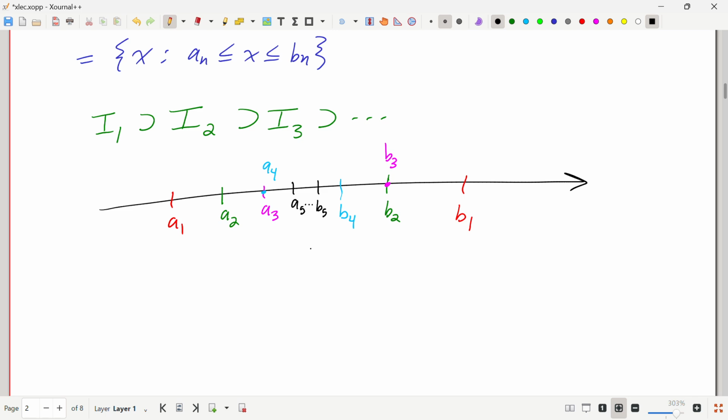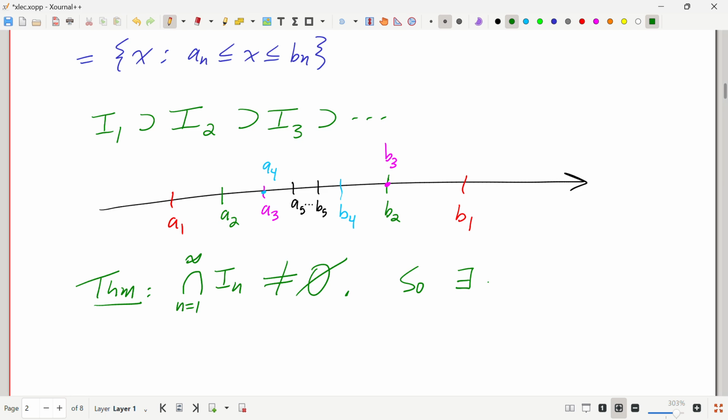The theorem is the intersection is not empty. The intersection of the I_n as n goes from 1 to infinity is not the empty set. So there exists a thing in there.